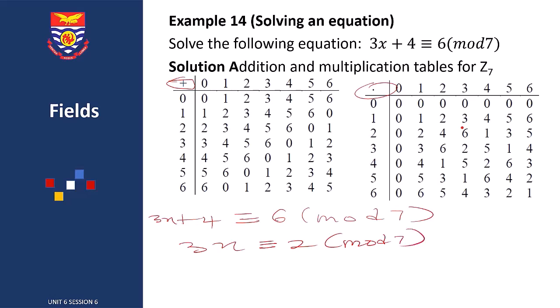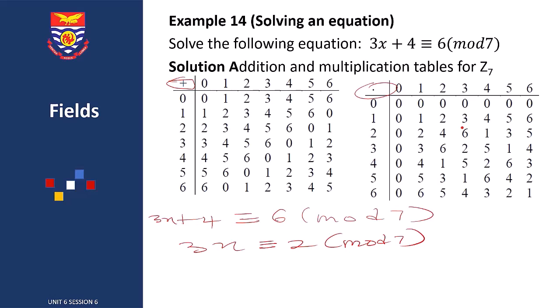Next, we are going to divide through by 3. If you remember, dividing through by 3 is the same as multiplying both sides by 3 to the power negative 1.